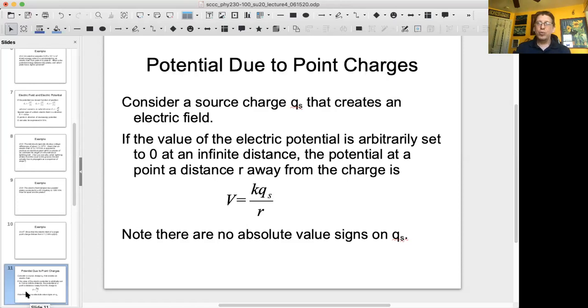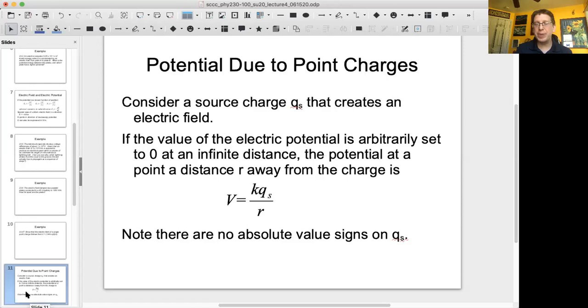And with gravity in the universal sense, the easiest place to define 0 is at infinity. And that's true for electrical potential as well. And when we get to electrical potential energy in a couple of minutes, it's the same thing, that it's easiest to define a potential of 0 at an infinite distance.